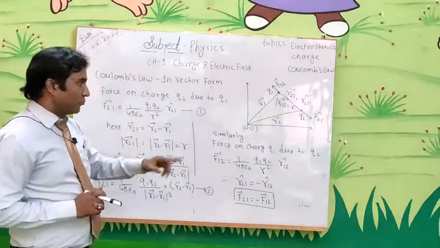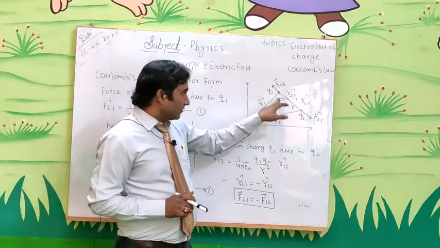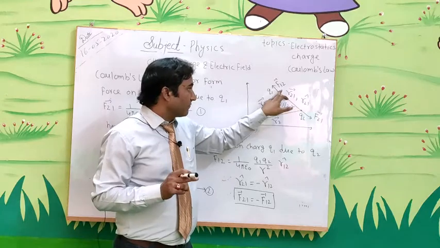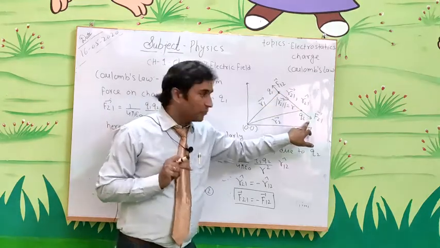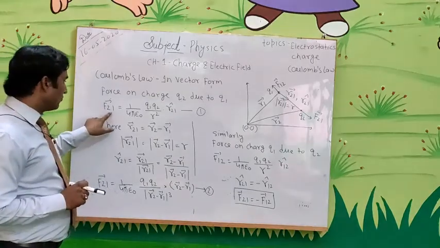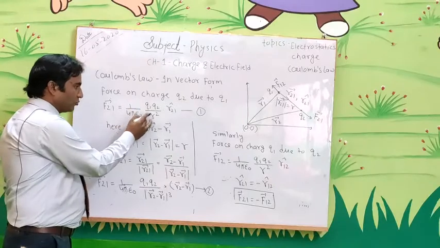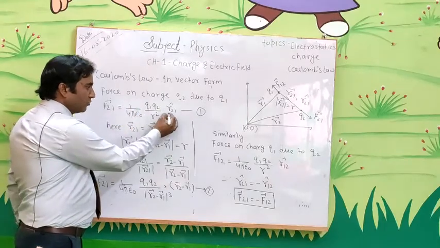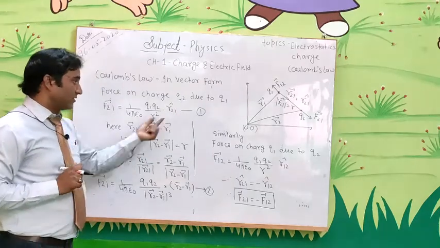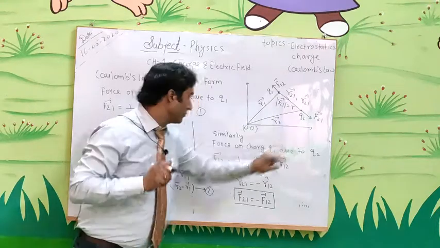Now we require the vector R21, which points from charge 1 to charge 2. So according to Coulomb's law, F21 equal to 1 upon 4 pi epsilon naught Q1 into Q2 upon R square into unit vector R21 cap. This unit vector shows the direction from charge Q1 to charge Q2.